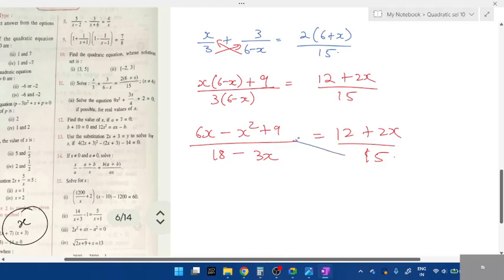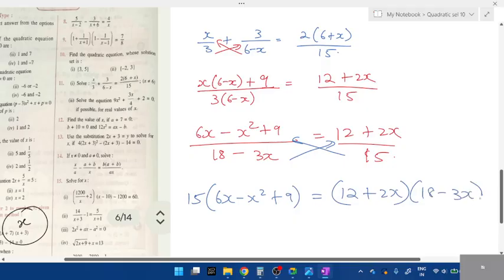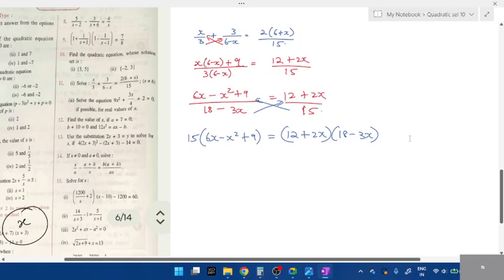Okay. So look here, cross multiply. Even when you cross multiply, don't try to do it directly. Write this step: 6x minus x square plus 9, 12 plus 2x in bracket 18 minus 3x. Okay.